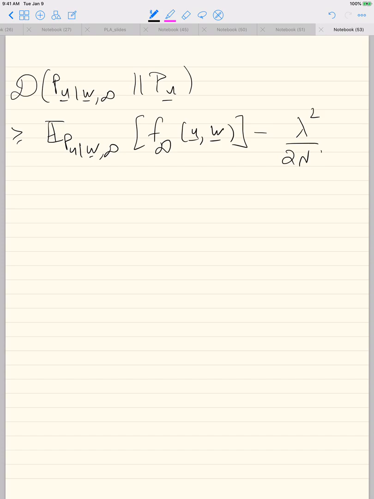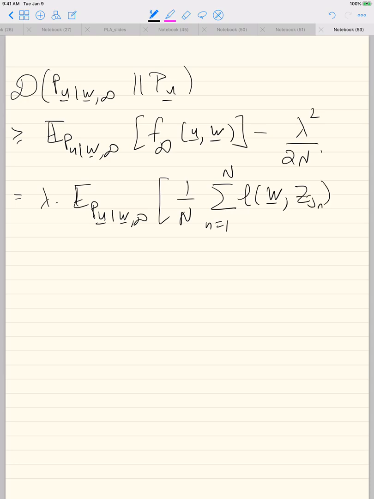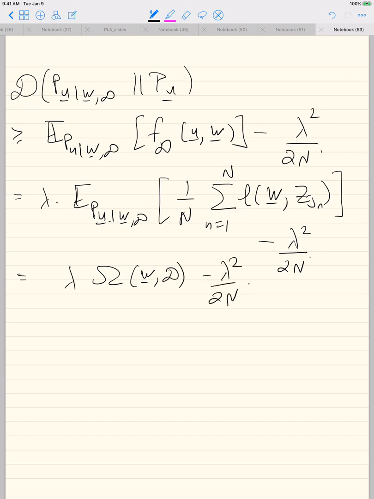To expand the first term, we have lambda times expected value of Pu given W and D of 1 by n, summation of n going from 1 to n, L of W Zjn minus lambda square by 2n. And here we are integrating out u, but we are holding W and D fixed. This is a quantity that will be some function of W and D. So we'll just call it omega. This quantity here equals omega.